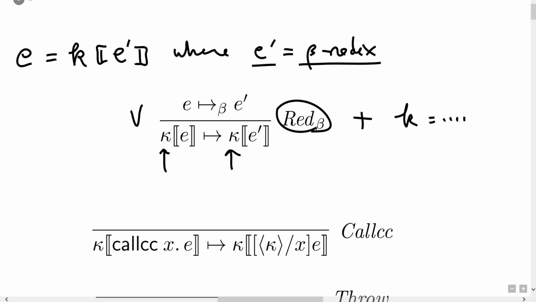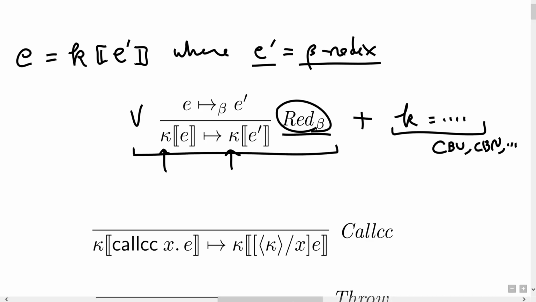This definition of evaluation context specifies a unique reduction strategy, such as call by value or call by name, etc. And we only need this single reduction rule. So I'd like to remind ourselves of this beta reduction rule.